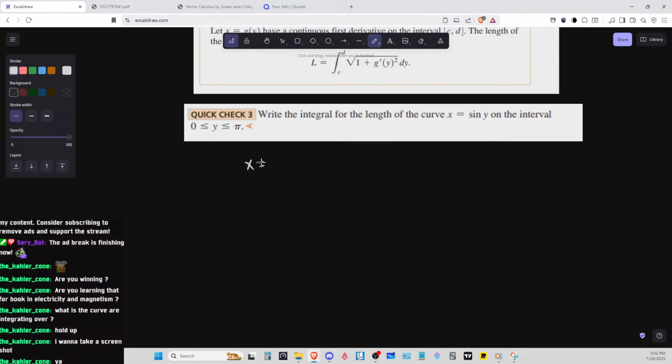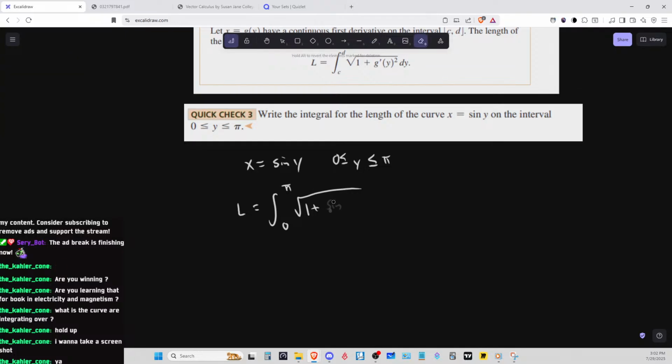So x is sine of y. Oh, okay, so they already changed it for us. Okay, and y is, so in this case, x plus sine of y. Oh no, it has to be. We have to take the derivative of that.